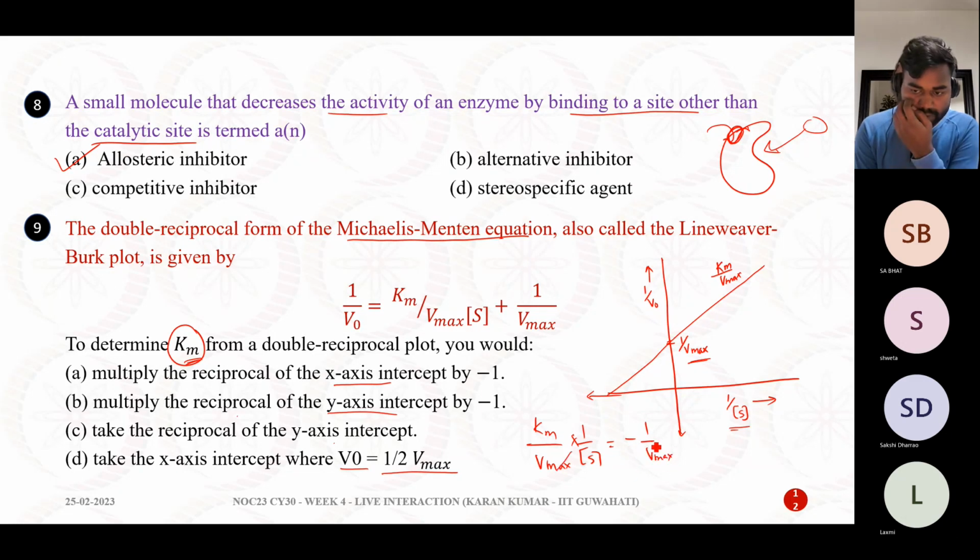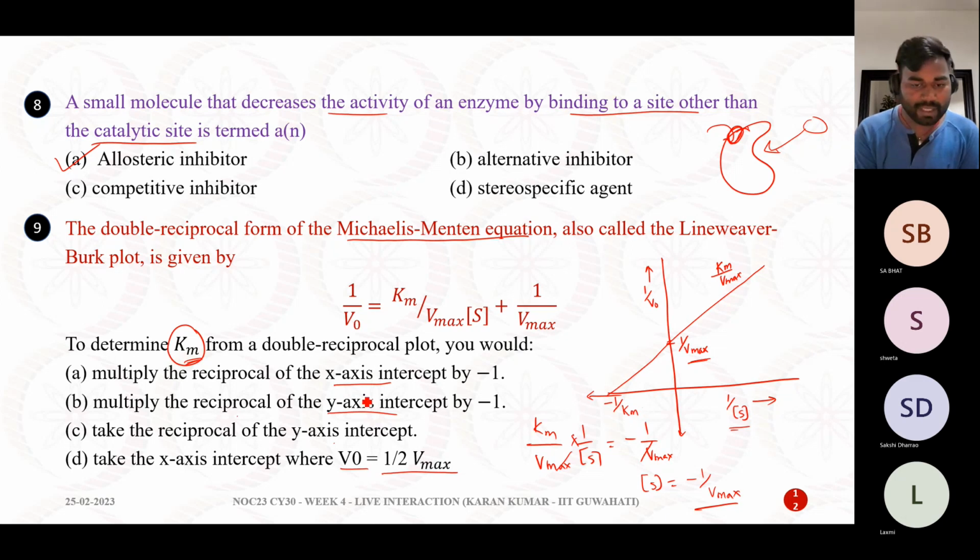Vmax cancels. So to get S, you will need -1 by Vmax, so at the x-axis you will have -1 by Km.